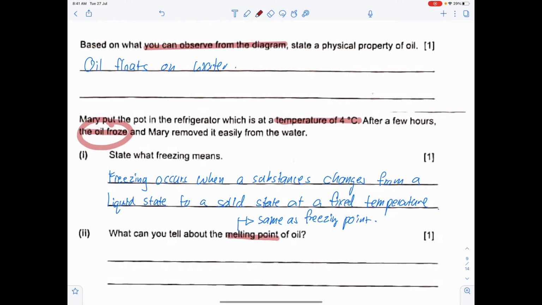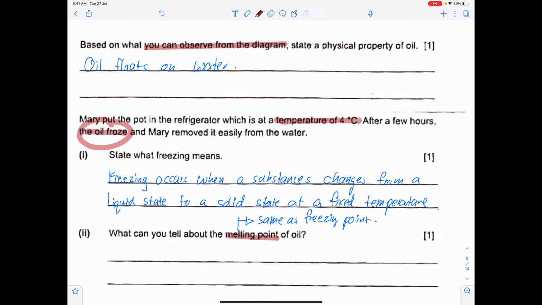But wait, because it is actually about melting, if the lowest point that it will melt is at 4 degrees, then any temperature above it will also cause it to melt. Right? Because melting is about gaining heat, right? It's just like, if I tell you you melt at 4 degrees, at 5, 6, 7, 8, 9, 10 degrees, you will also melt.